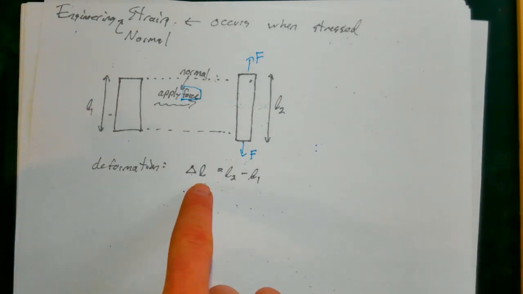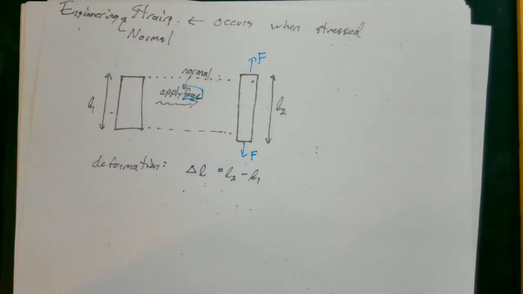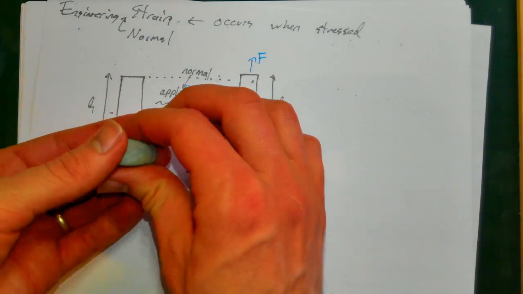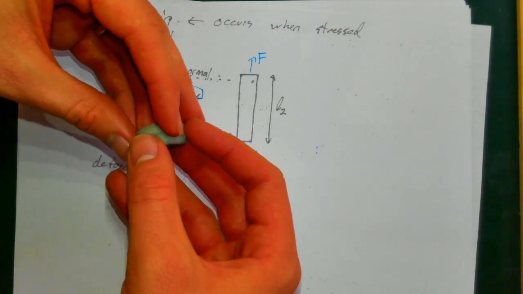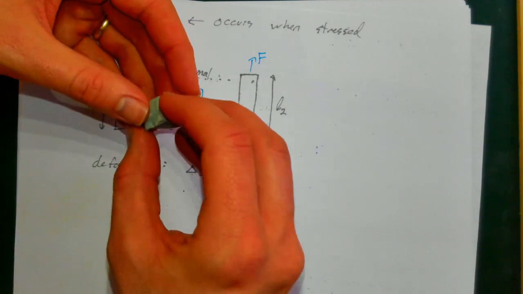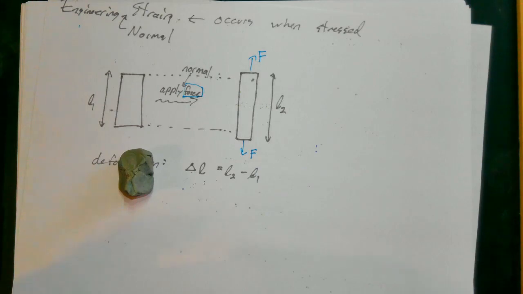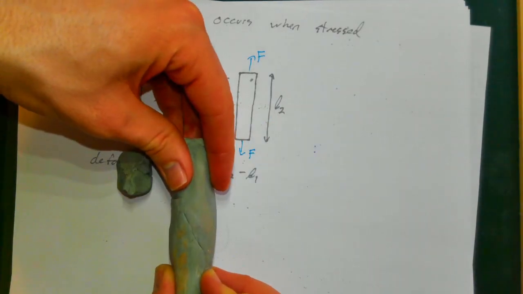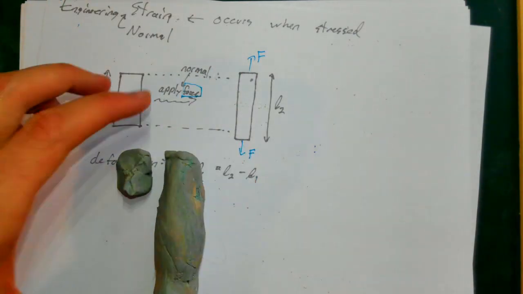But you can imagine this deformation doesn't really describe the whole picture, right? If I had some tiny little chunk of material like this, and I stretched it with a delta L of 1 centimeter, I'm essentially doubling its length. But if I have a much longer piece of material and I stretch it 1 centimeter, its change is relatively less important, right?